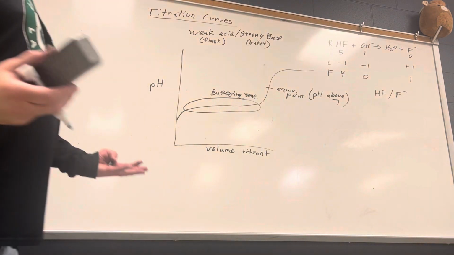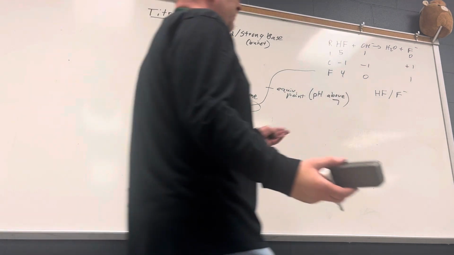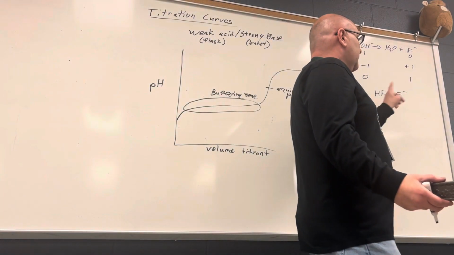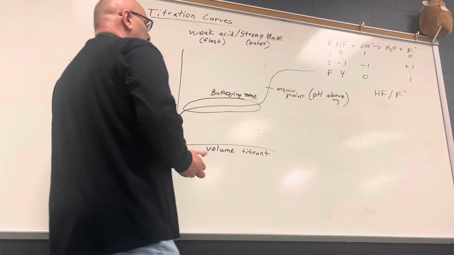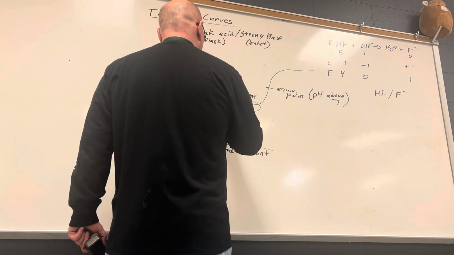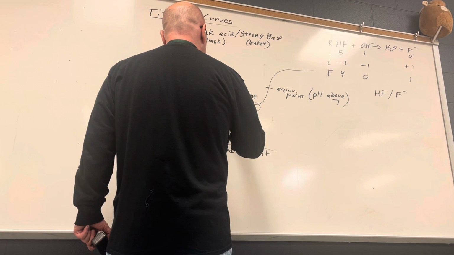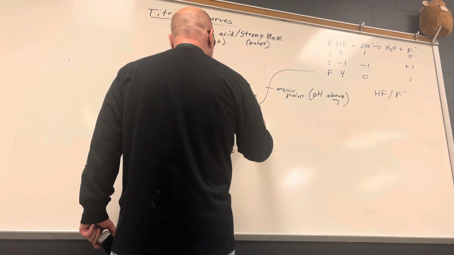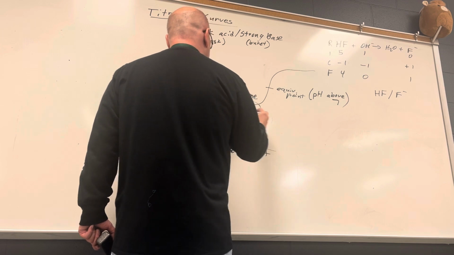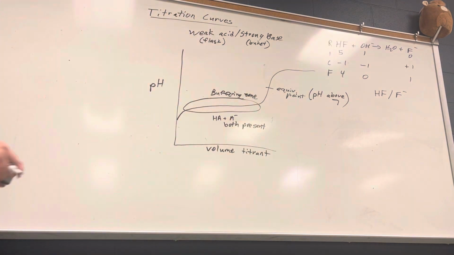Conjugate pair. So this is a buffer solution because remember, buffers have both parts of a conjugate pair. If we were doing the math, we would use the Henderson-Hasselbalch equation here. So here we have HA and A minus both present. That's why it's called the buffering zone, because we have a conjugate pair present in the solution.